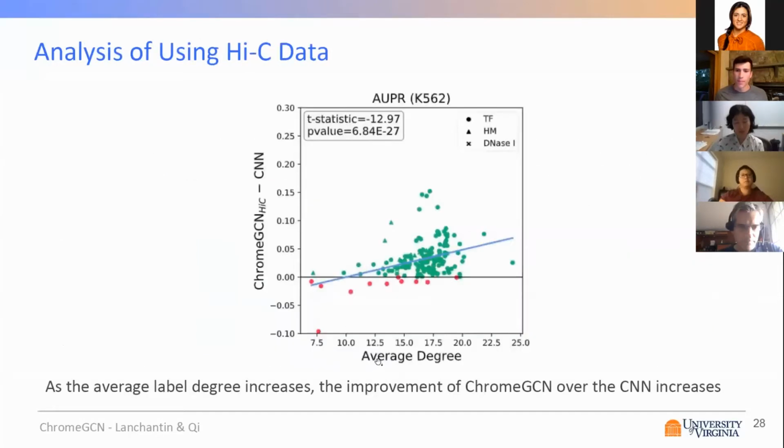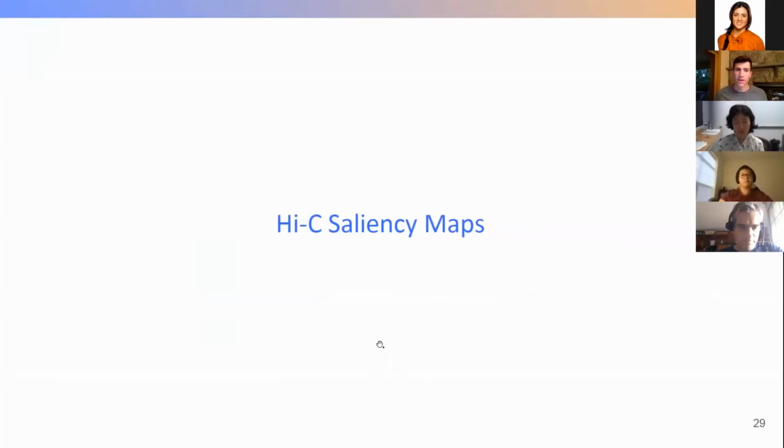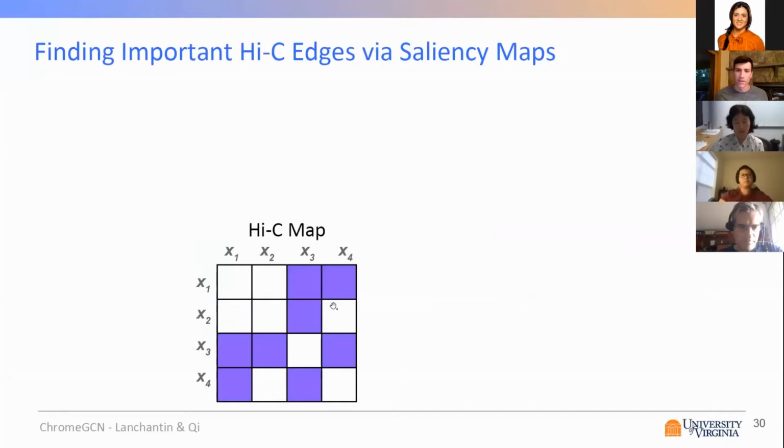So lastly, I'll just talk about a post-processing method that we call Hi-C saliency map. This is after we've trained the model and want to analyze what the model learned. While Hi-C maps tell us which pairs of DNA come in contact with each other, they don't tell us which contacts are important for a specific chromatin element to be present.